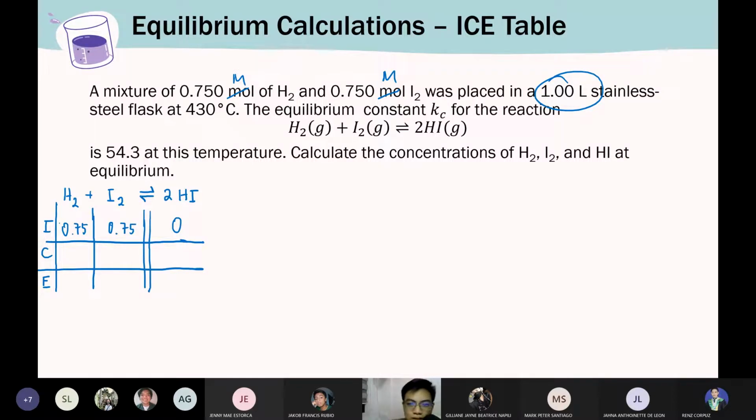Reactants? Products? Is it the reactant, the product? What's your answer? Tignan natin kung na-copy yung sinabi ko kanina.